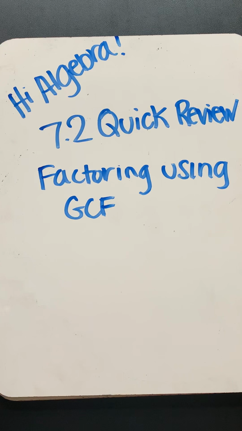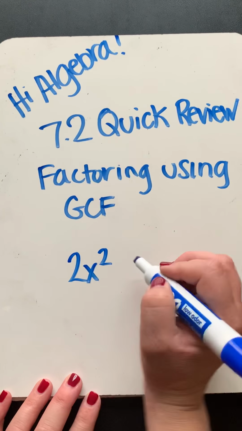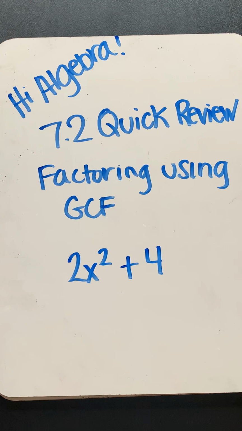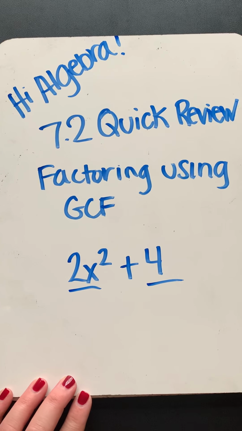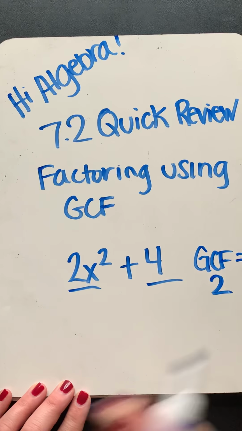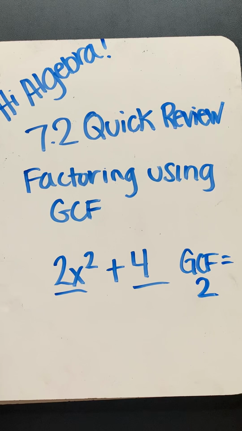If I start with 2x squared plus 4, is there something common between the two terms? Term 1, term 2. The GCF is 2, which means I can factor out a 2.